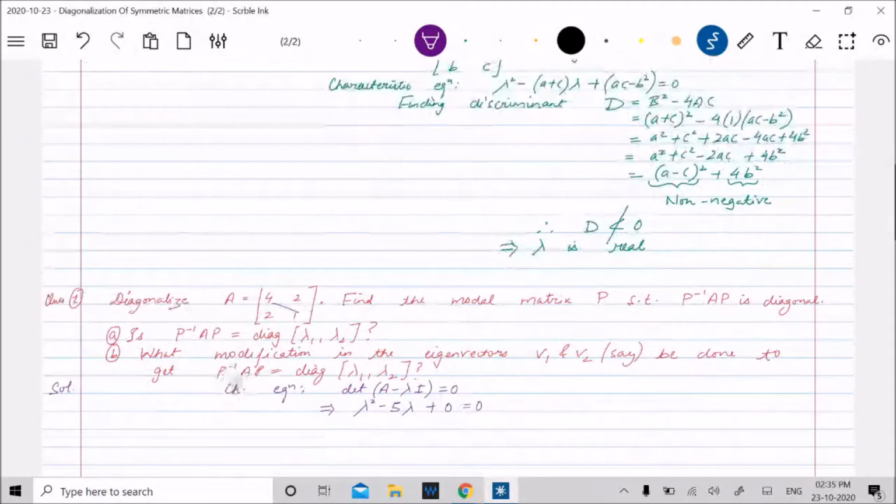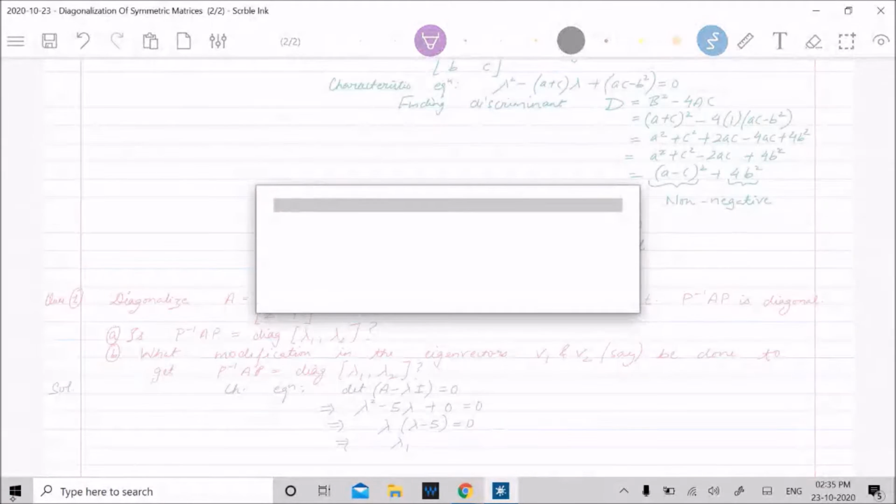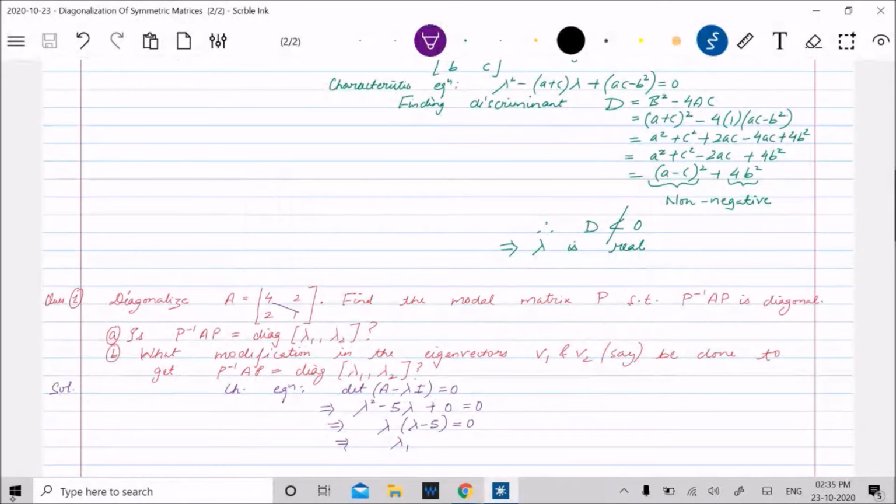So this is a nice way to write a characteristic equation, right? And if you factorize it, then you will be taking common lambda, and inside the bracket you will be having lambda minus 5 equal to 0, and that gives you two eigenvalues, and both of them are distinct. First is lambda 1 equal to 0, and second is lambda 2 equal to 5.